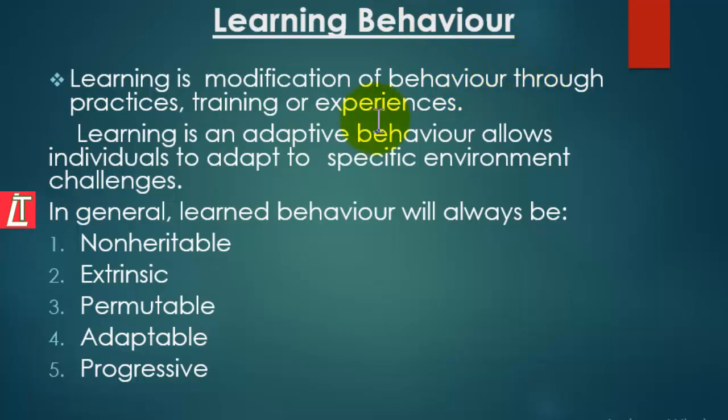Learning behavior. Learning is modification of behavior through practice, training, or experiences. Learning is an adaptive behavior that allows individuals to adapt to specific environmental challenges. In general, learned behavior will always be non-heritable, extrinsic, permutable, adaptable, progressive.